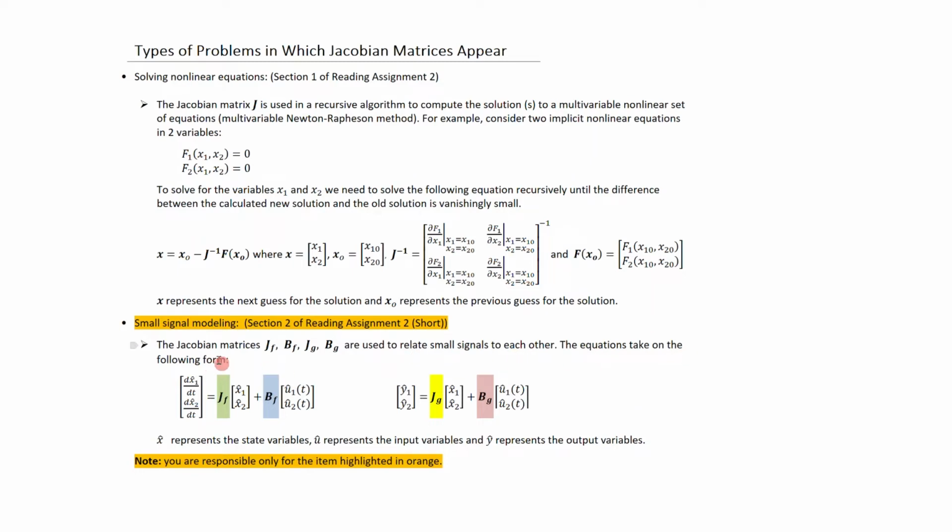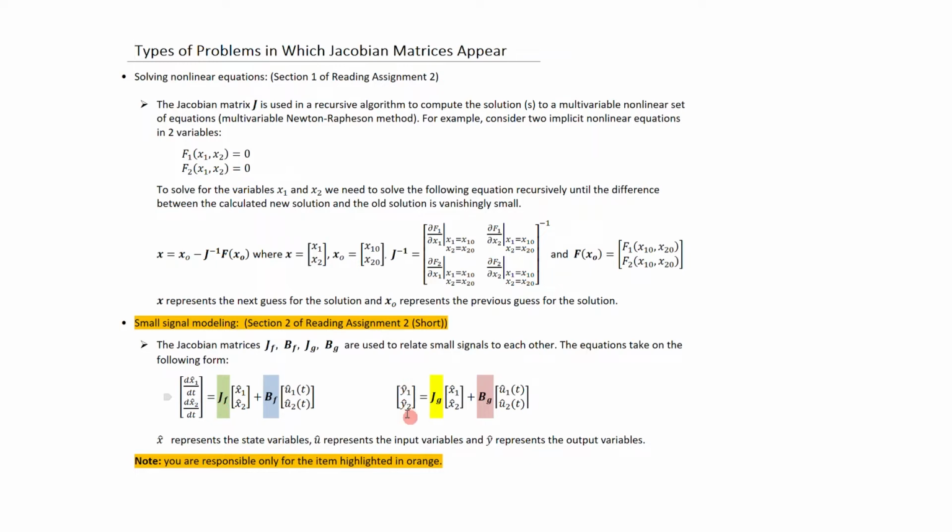The equations take on the following form. You have a differential equation with respect to the small signals, variable x1 and variable x2, and they are related to variables x1, x2, and u1, u2. These are small signals for input variables, small signals for internal or state variables, and we have a matrix relationship between this vector and everything on the right-hand side.